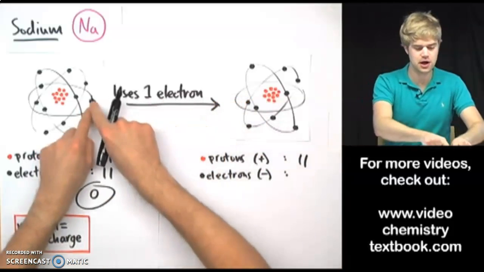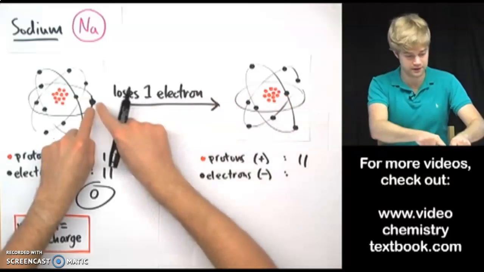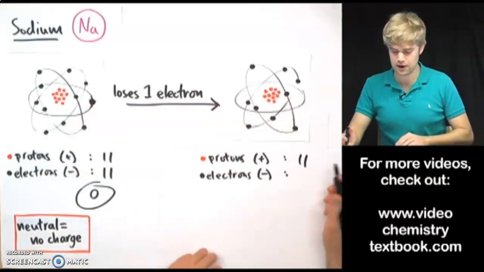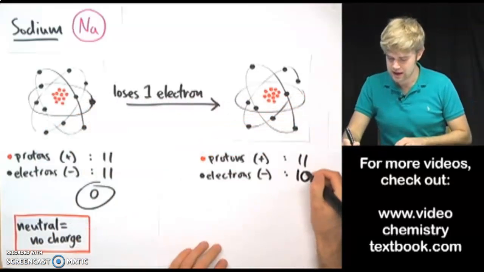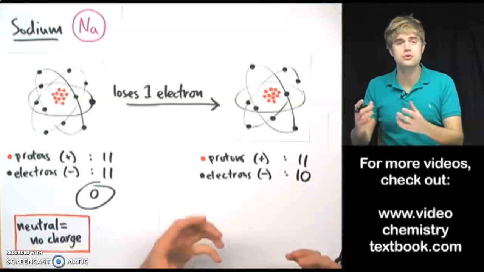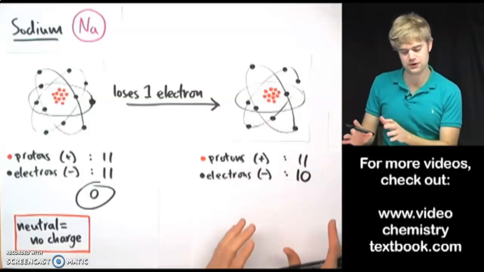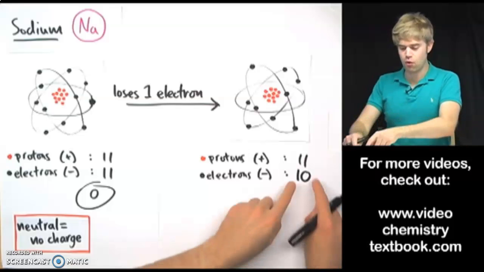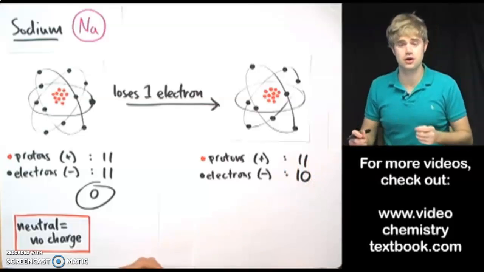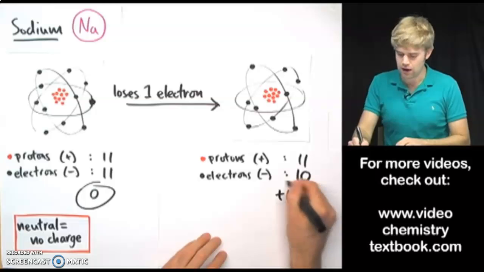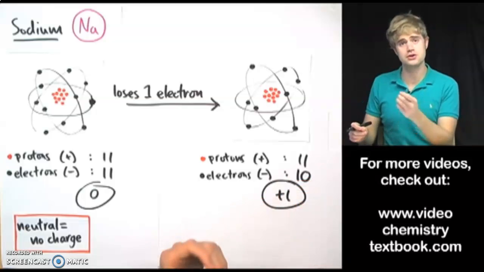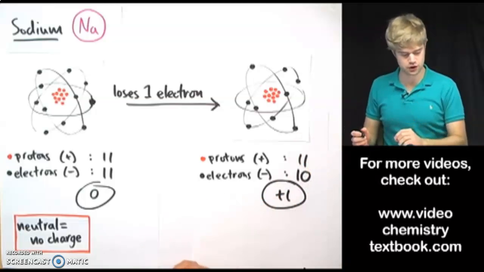But now because it's lost this electron, it used to be here, now it's not here anymore. Now it only has 10 electrons. So now the positive and negative charges don't balance out anymore, and I'm left with more positive charge than negative charge. So this thing now is going to have a charge of +1, one more positive charge than negative charge.